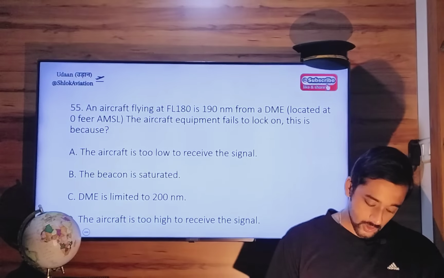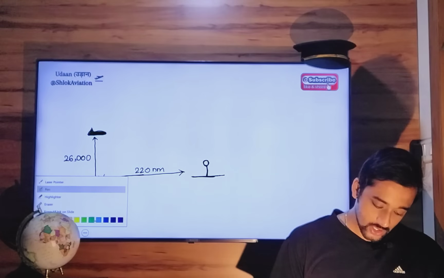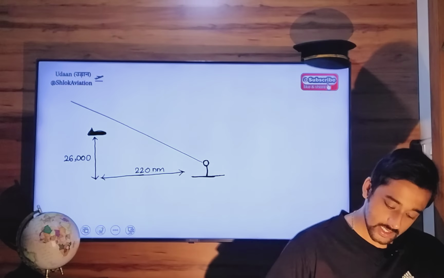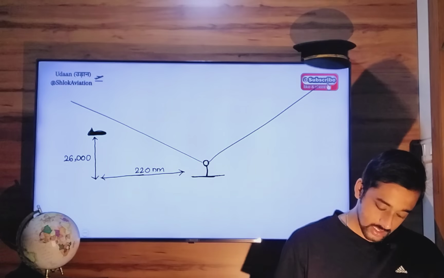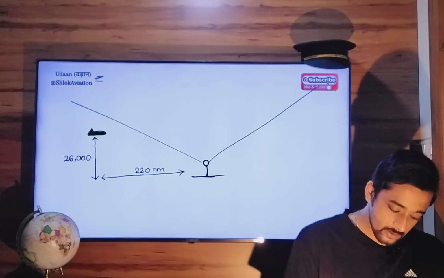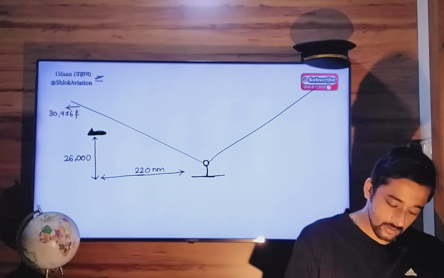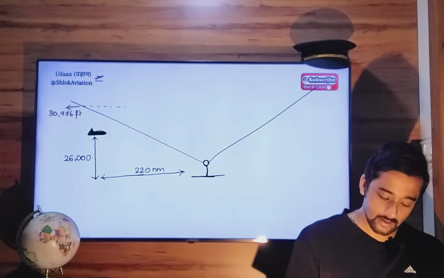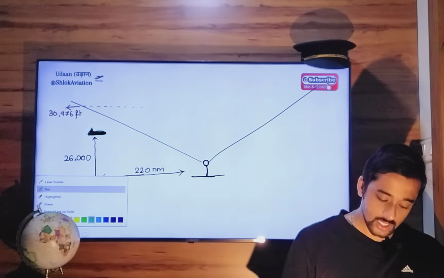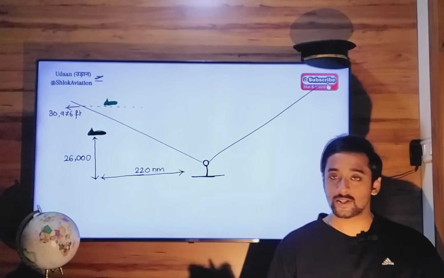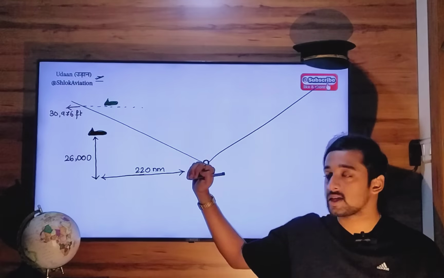So your aircraft should be somewhere above 30,976 feet. And now, as given in the question, your aircraft is below that level. It is at 26,000 feet, much below 30,000 feet.